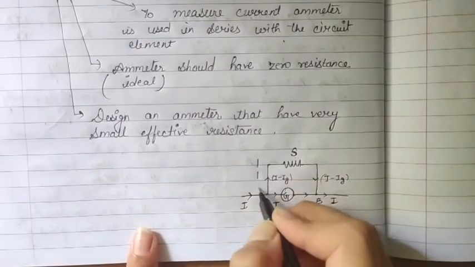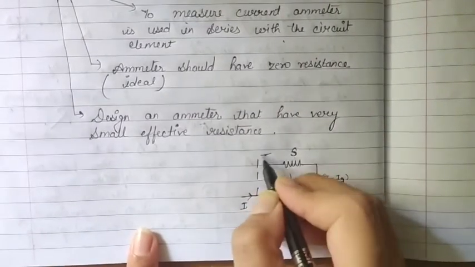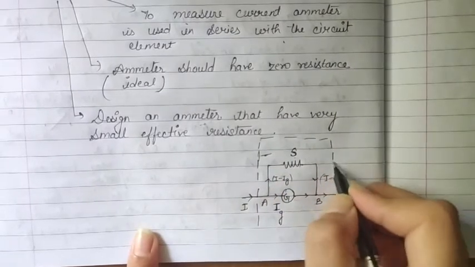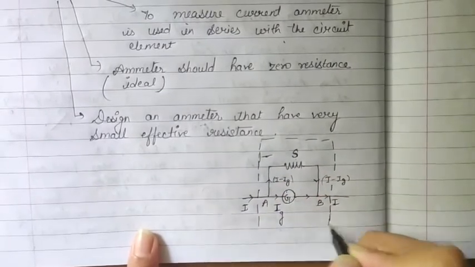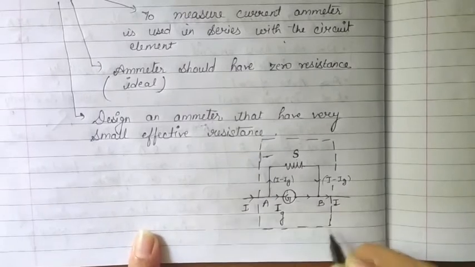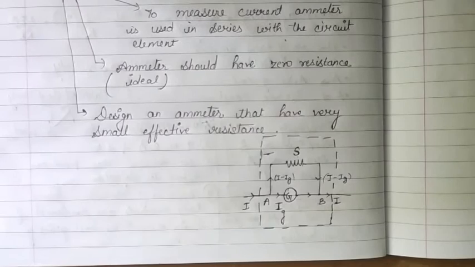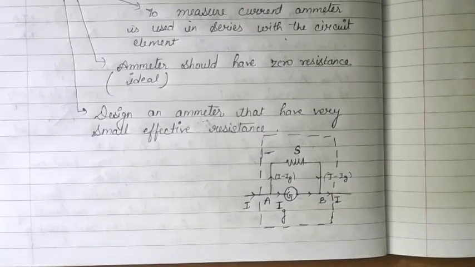So this system of shunt connected to the galvanometer, this whole system combined, forms an ammeter, and we place this system in series in the circuit.